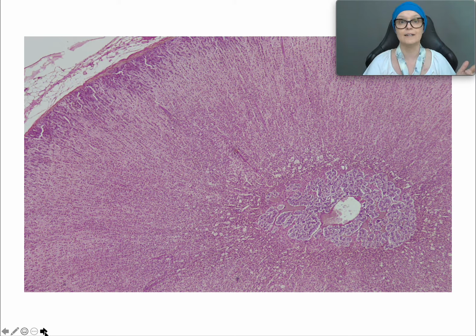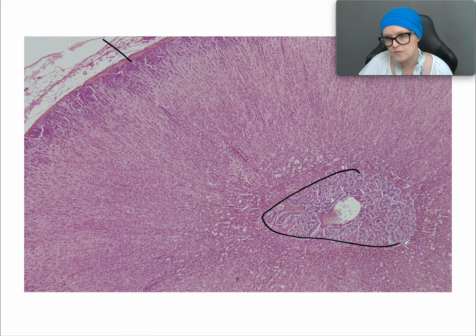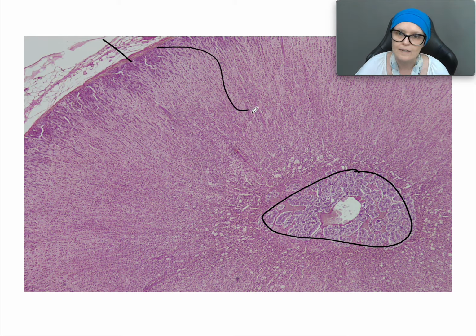Name that organ. It's the same thing, right? So this is the adrenal gland, and this outer bit here, from here to here, is the adrenal capsule. You've got the central adrenal medulla, and then this hole in between is the adrenal cortex.